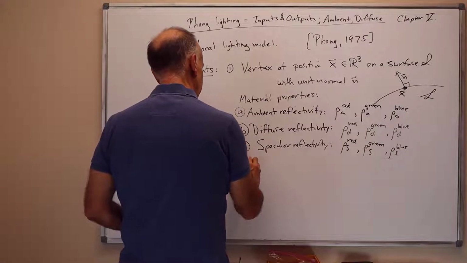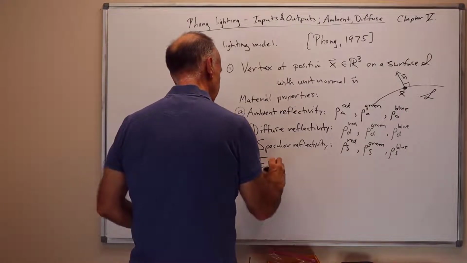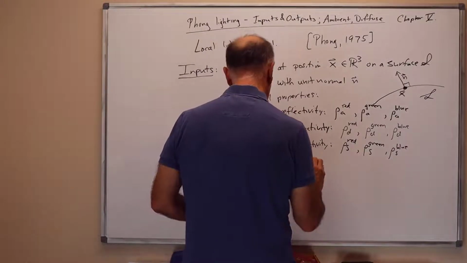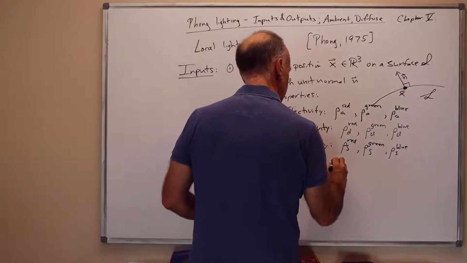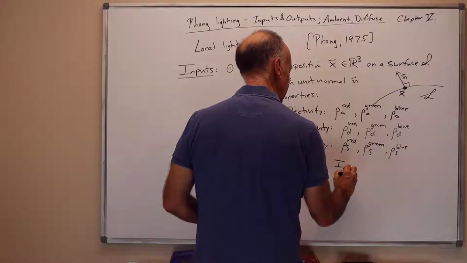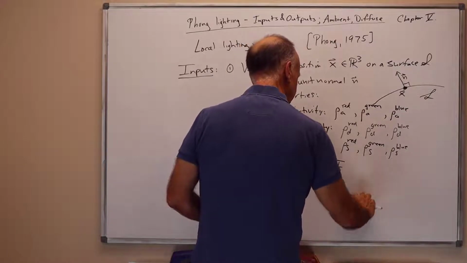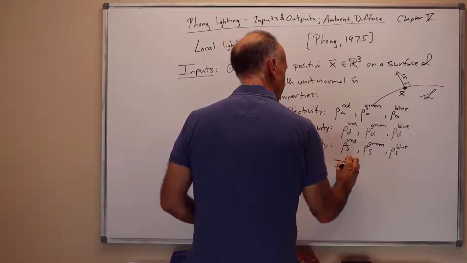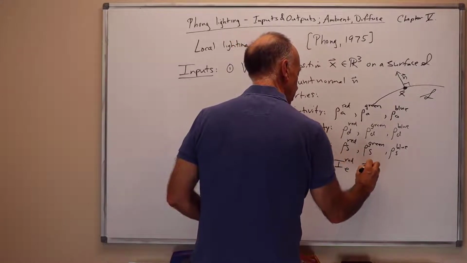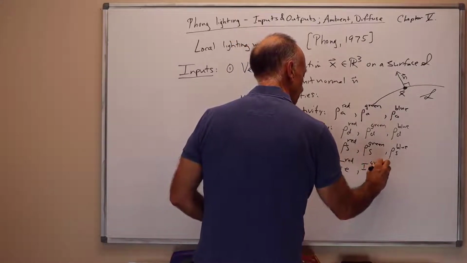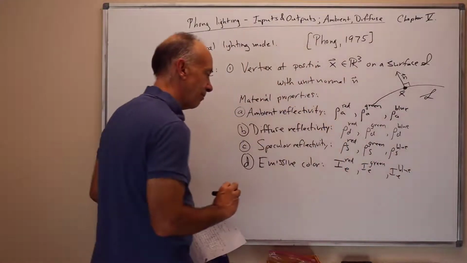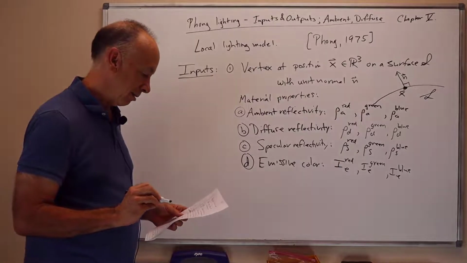And finally, there's emissive colors. These are not reflectivities. These are colors just actually generated. And so I stands for intensity. I E means emissive intensity. And there's the red component, the green component, and the blue component. So this is the amount of light just being emitted, say, by a glowing surface.